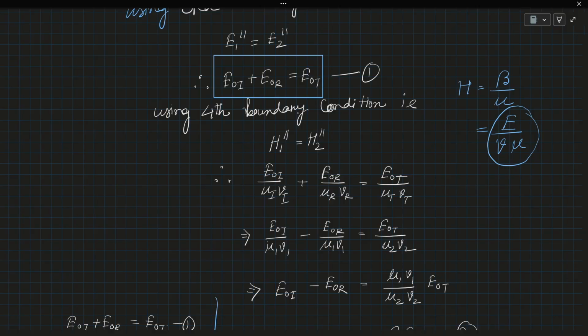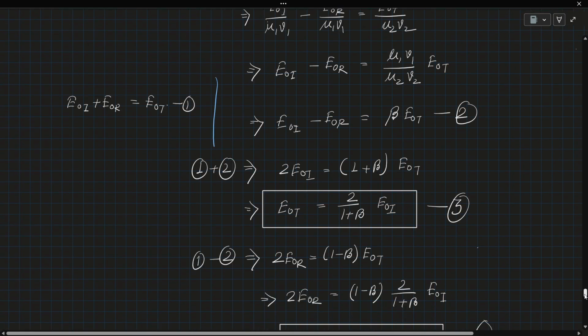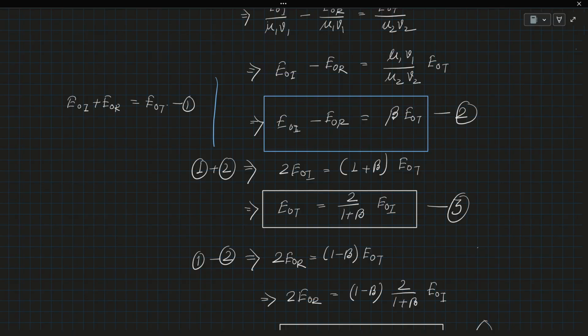Okay, so this is the first equation, E0I plus E0R equals E0T. And then this is the second equation, E0I minus E0R equals beta E0T. Here I have written down the first equation again. On adding these two equations, what will we get?